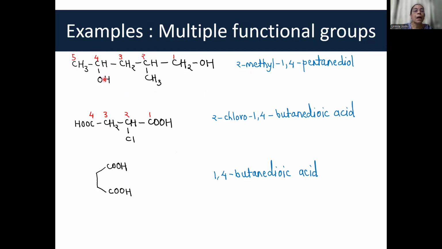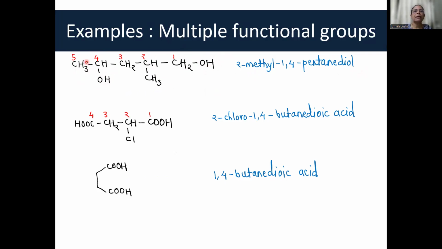So now the name. Please make sure that if there are two main functional groups which are similar, include them in the suffix only. Don't put it as 1 pentanol, 4 hydroxy, 2 methyl, 1 pentanol.